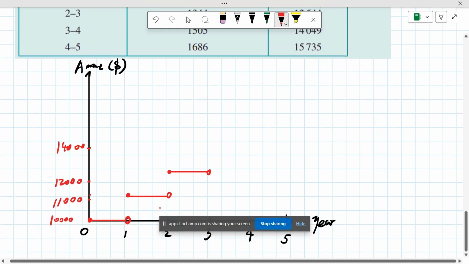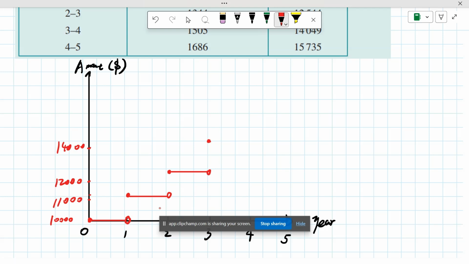And then moving up and going to the fourth year. Yep, perfect. And then last year will be 15,000, a little bit ahead, which is here. Okay, 15,000. Yep, perfect.